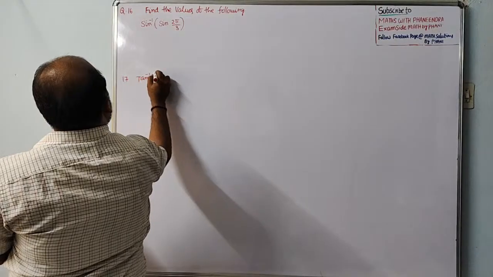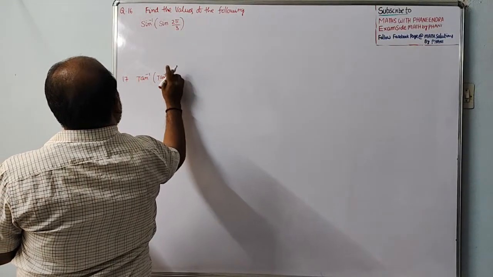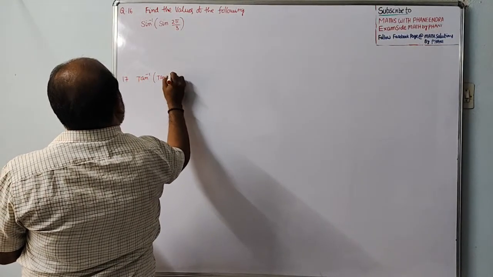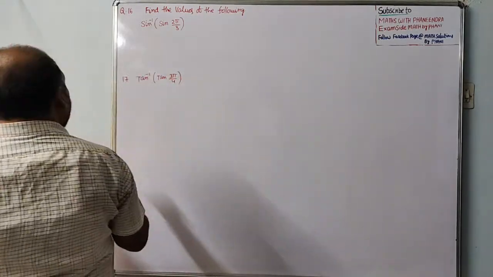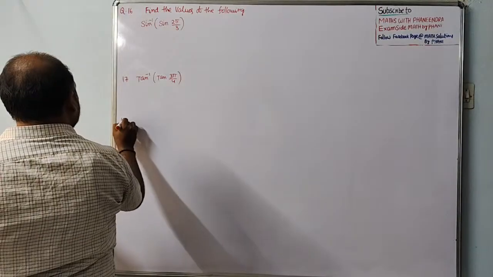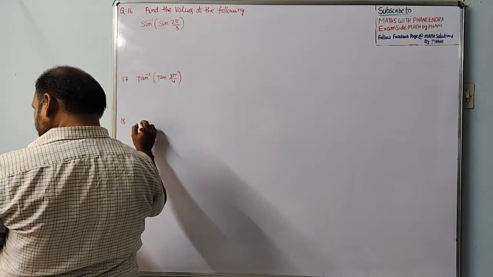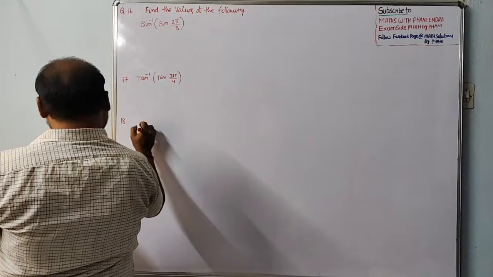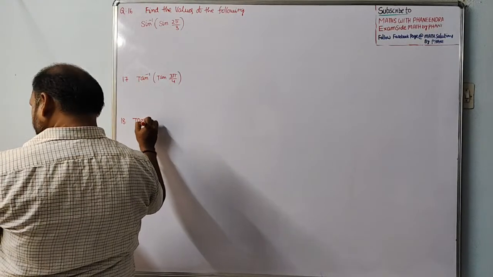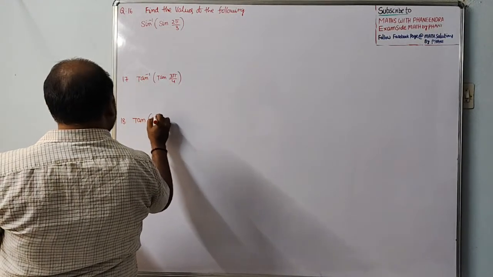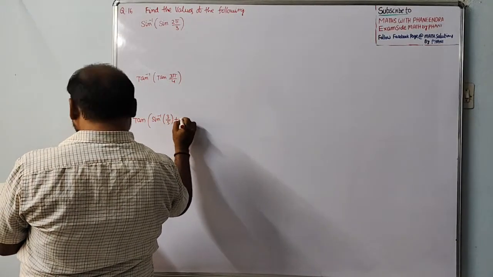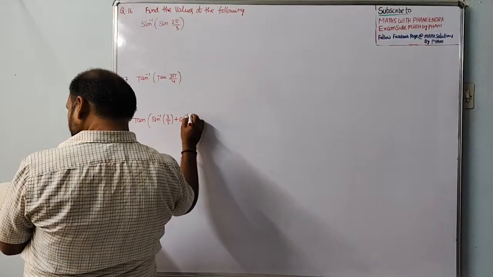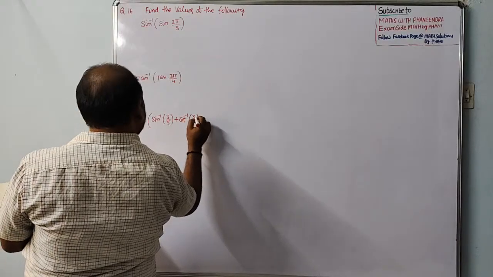Tan inverse of tan 3 pi by 4. Next question number 18. Tan of sine inverse 3 by 5 plus cot inverse of 3 by 2.